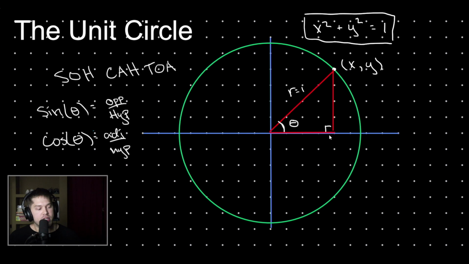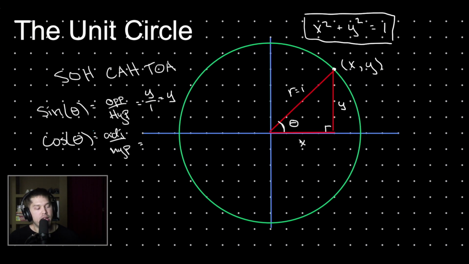So what is sine of theta in this example? Well, we know our adjacent side is some x, and we know the height is some y. Therefore, our sine of theta is going to be equal to y over our hypotenuse, which is 1, which is just y. And our cosine of theta is going to be equal to what?